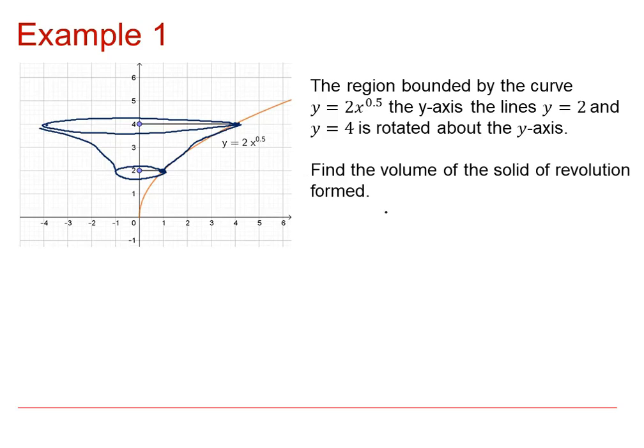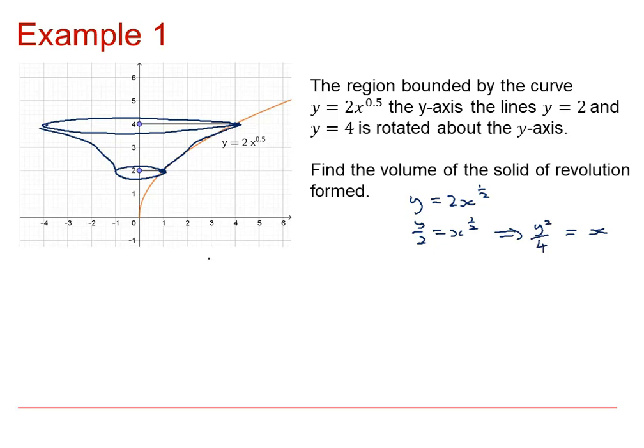So we've got to be extra careful with this one. We know that y equals 2x to the half, but we need to know what x is. So y over 2 is x to the half, and therefore, if we square both sides, x will be y squared over 4.